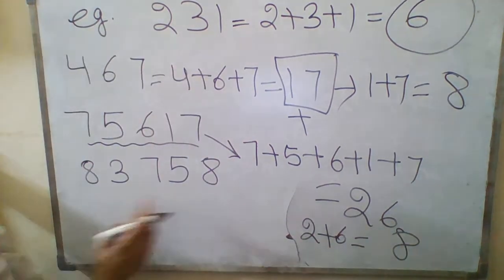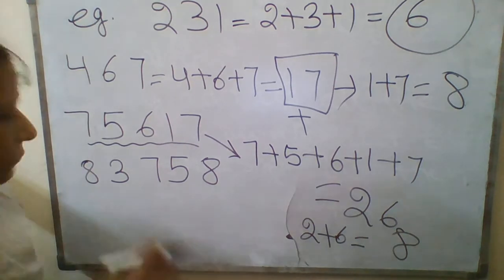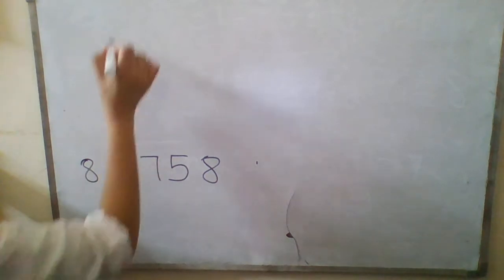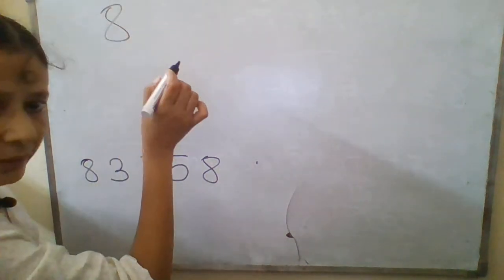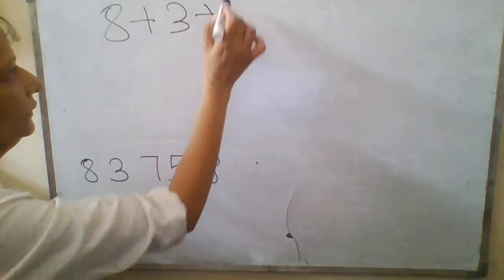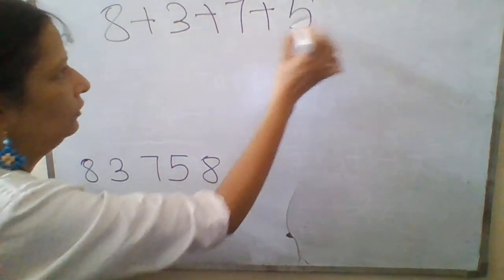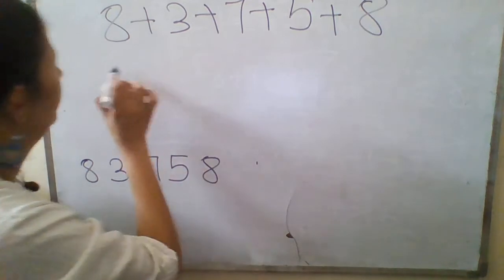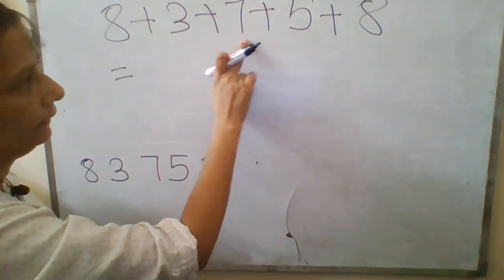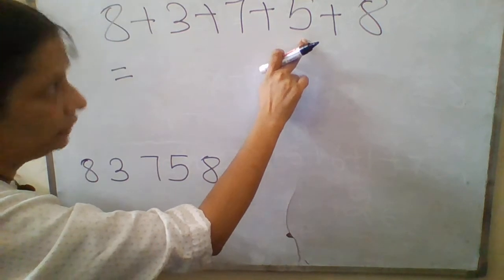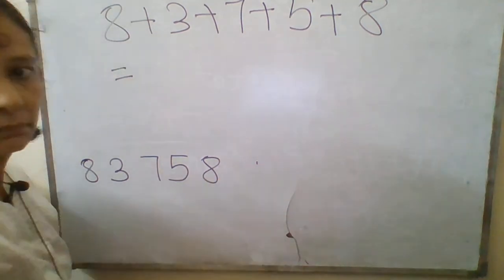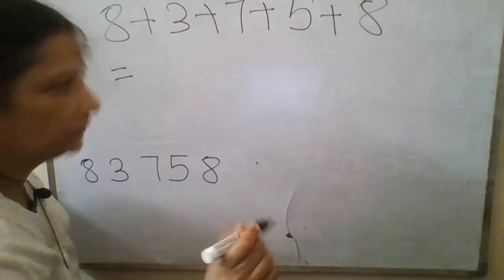And in this also, you will have to add all these digits. Now see what I am going to do. 8 plus 3 plus 7 plus 5 plus 8, which is equal to: 8 plus 3 is 11. 11 plus 7 is 18. 18 plus 5 is 23. 23 plus 8 is 31.